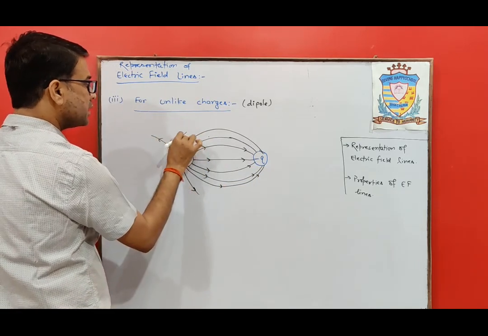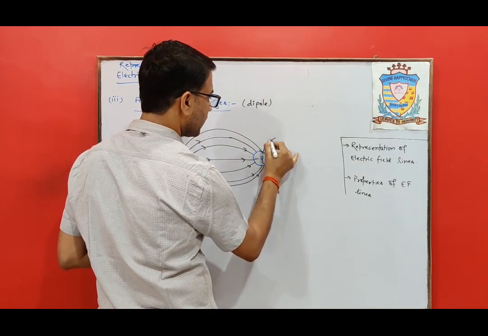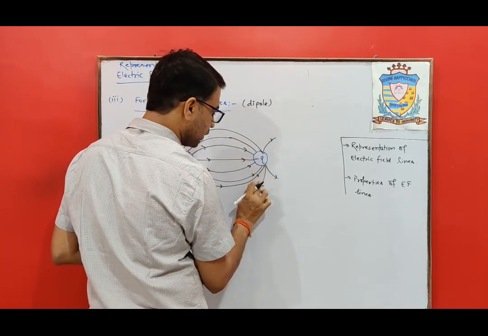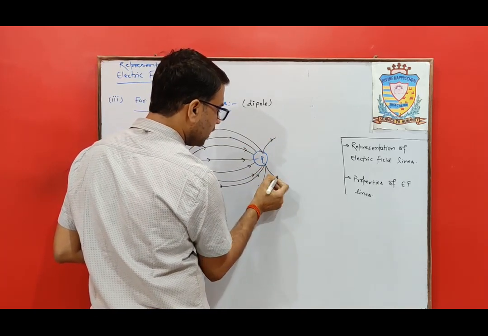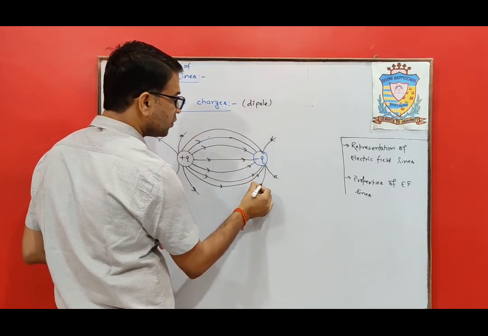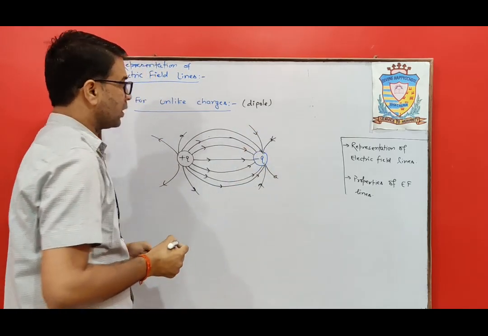In all cases, at negative charge the lines should be inward, and at positive charge they should be outward. Clear?